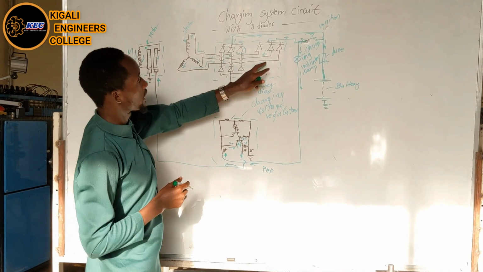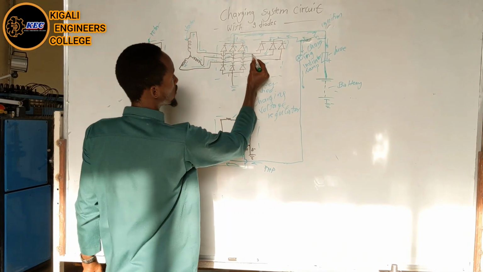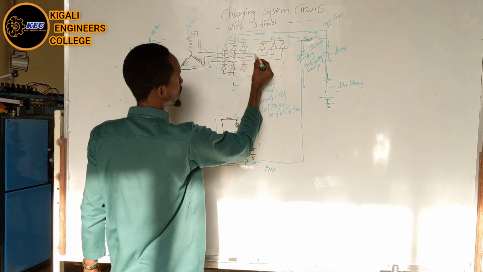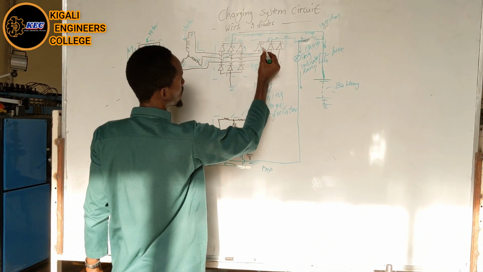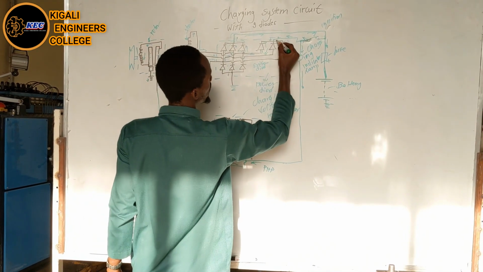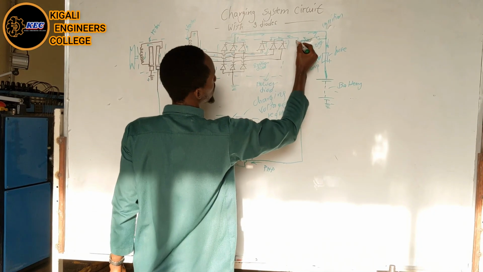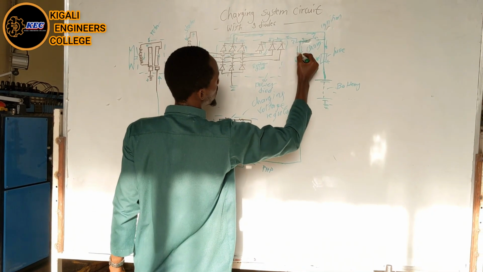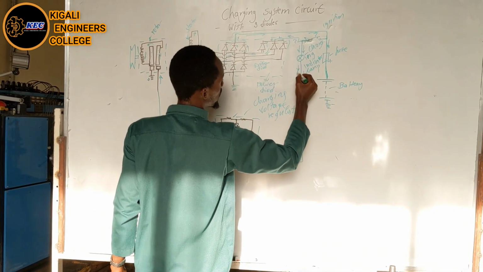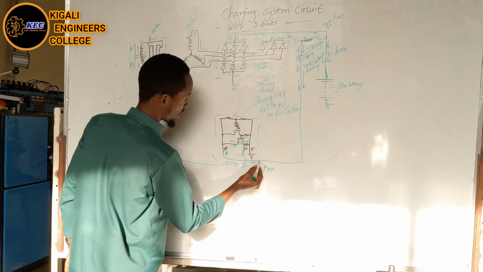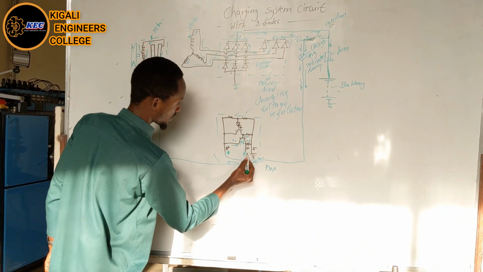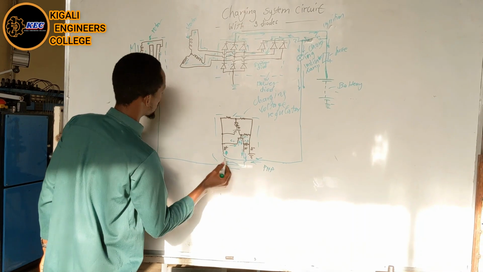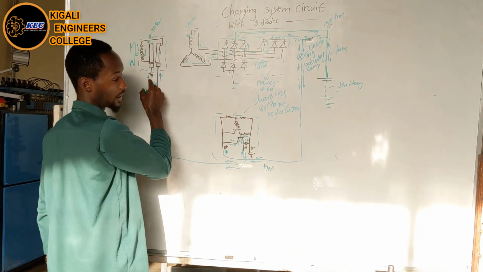So on excitation, the current does not pass through here only, it passes through this diode and goes here, and it passes through here, going here, and makes a self-excitation of this rotor.